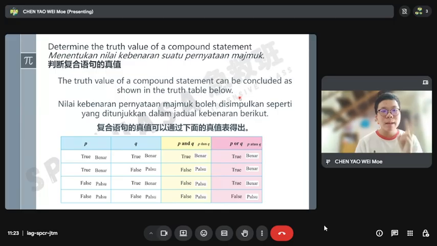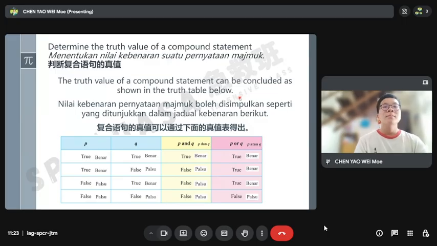But if both statements are wrong, it is automatically false. Two statements correct, all is true. Two statements wrong, all is false.